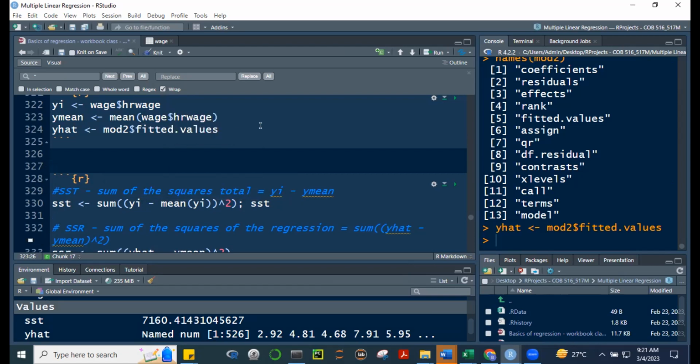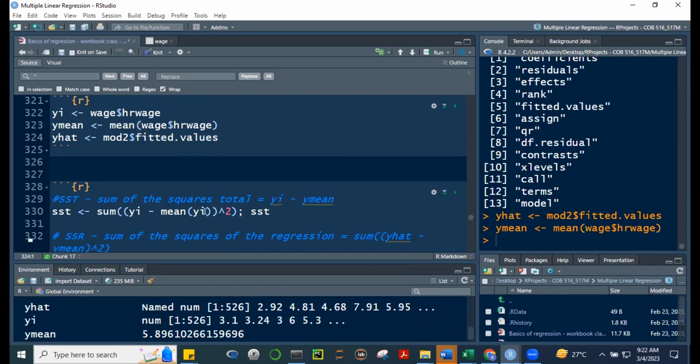Okay? So that's the average of hourly wage. Control enter. So we can now use that here also. Pwede natin itong palitan ng y mean na lang para mas konti lang yung mga parentheses.